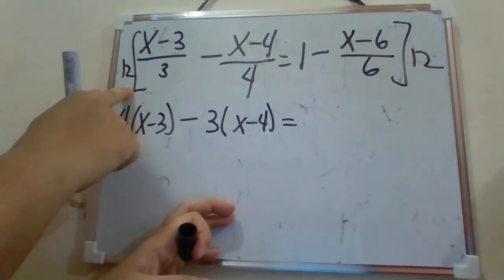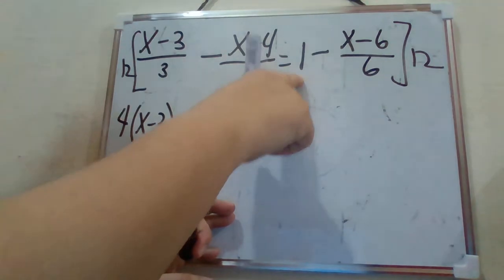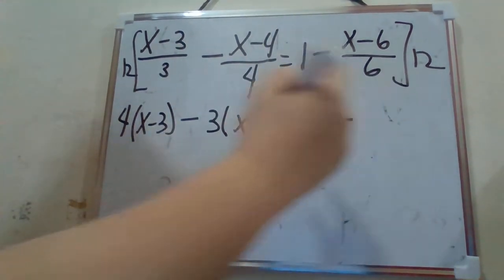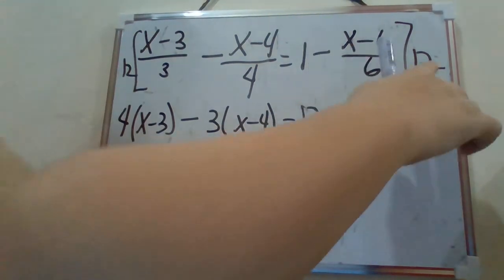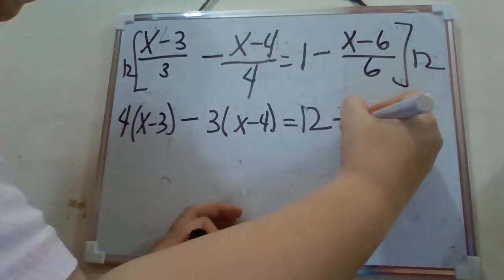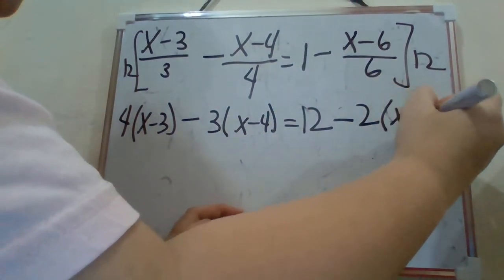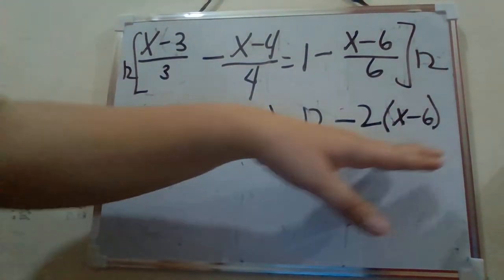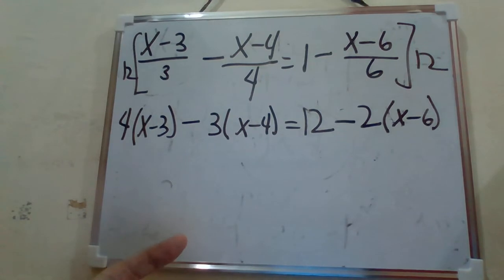Equals 12 divided by 1 is 12 times 1 is 12, minus 12 divided by 6, which is 2, times x minus 6. So that is now your equation.